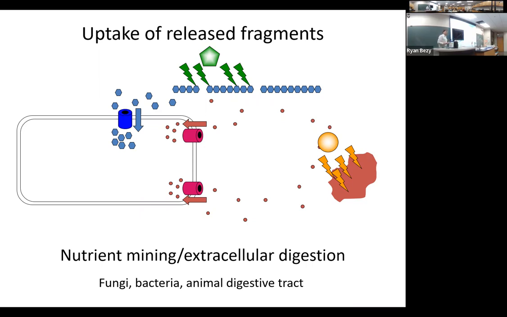This is how fungi feed. This is how a lot of different bacterial species feed. Technically, this is how we feed. What do we do when we eat food? Do the food particles just go directly into our cells? No, it goes to our stomach and our intestines, our digestive tract.